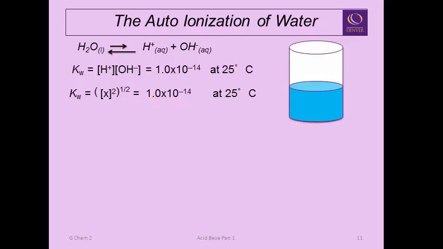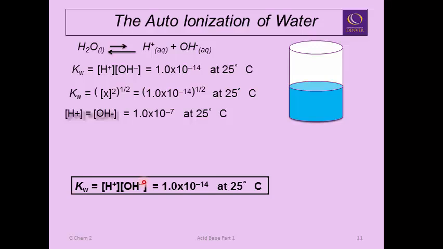Now if you were to solve for that x, you'd basically see that the H plus concentration and the OH minus concentration in neutral water is 1 times 10 to the minus 7. And that we knew because when it's water at equilibrium, it settles into a pH of 7 or a pOH of 7.